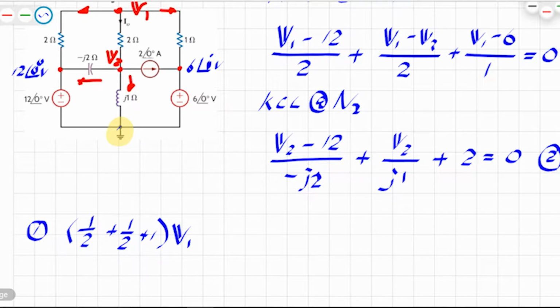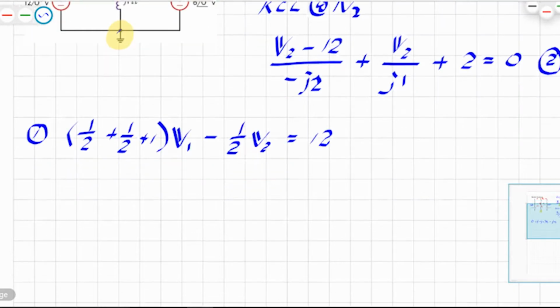You can see we combine every term with V1. And then V2, which is 1/2 times V2. Then here we have 12 divided by 2, which is -6. Here we have another -6 right here. Adding them up and bringing them to the other side of the equation, we have a positive 12. So my first equation is simplified.